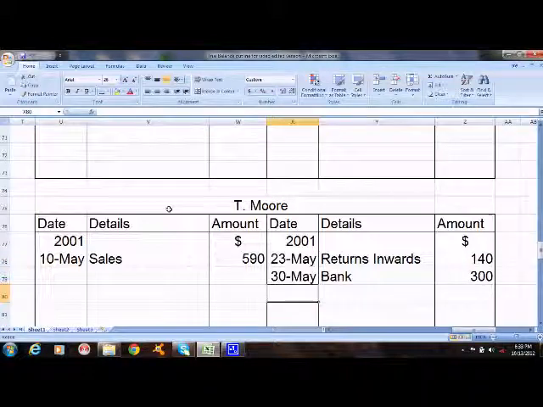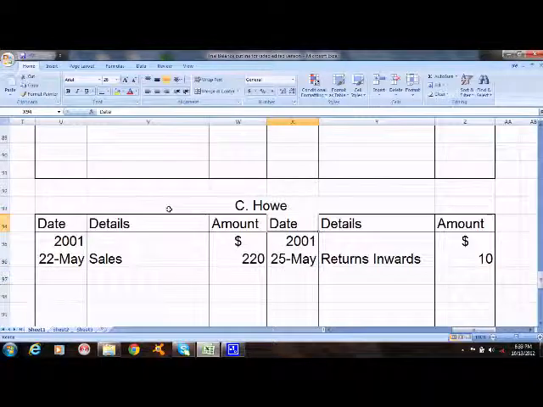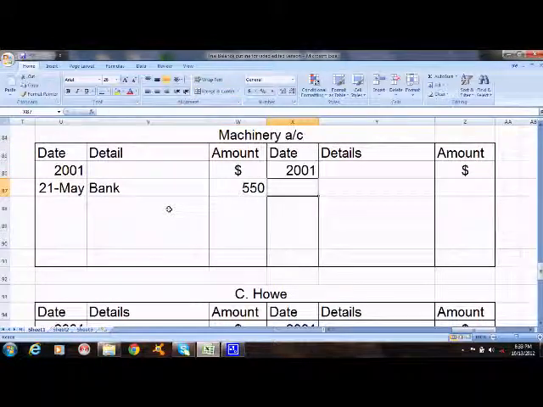Next, last one, May 31. Bought machine for $2,700 on credit from AB Limited. We bought machinery on credit, so your machine account already exists, but we don't have any AB Limited account. AB Limited now becomes a liability to us, and liability is increasing.